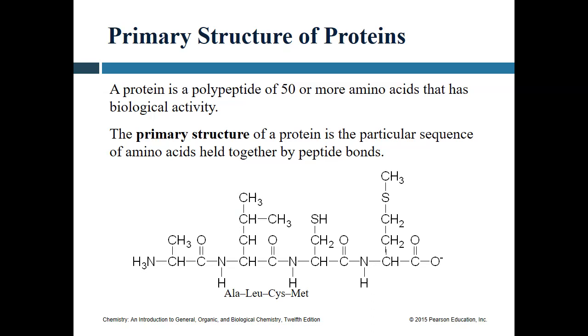In order to qualify as a protein, we have to have an amino acid chain that has at least 50 amino acids in it. So that would be at least 49 peptide bonds.